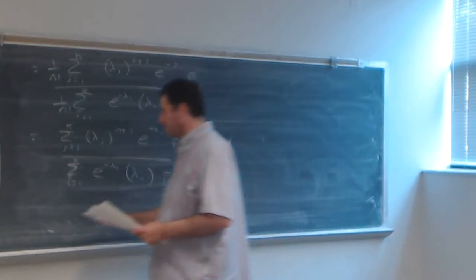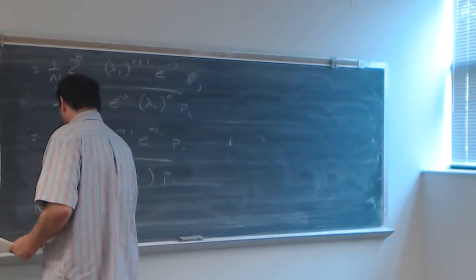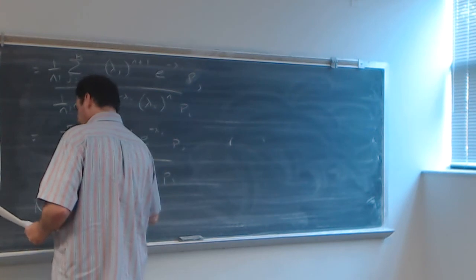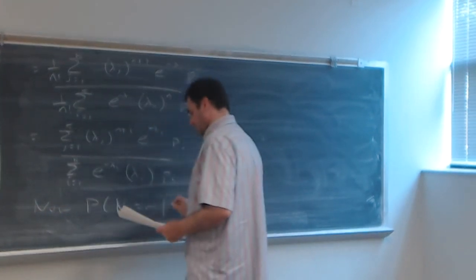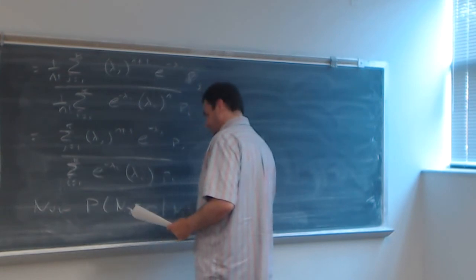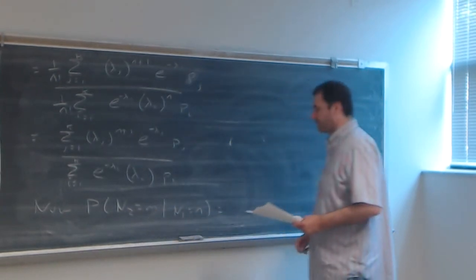That was only part of the problem. So for the second part, we're considering the probability n sub 2 equals m, given that n sub 1 equals n.